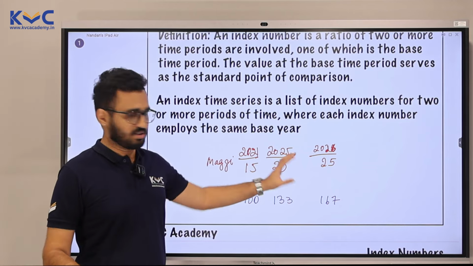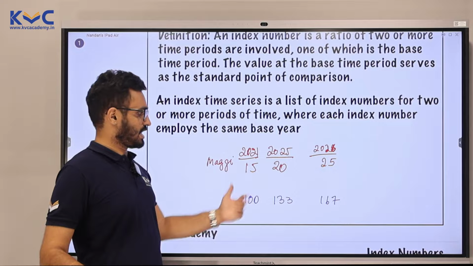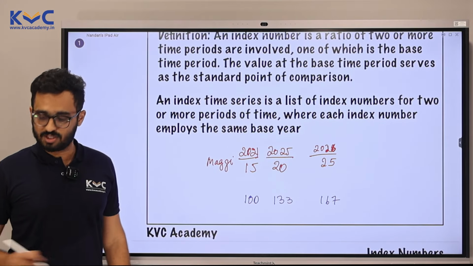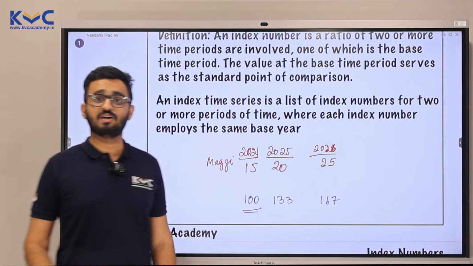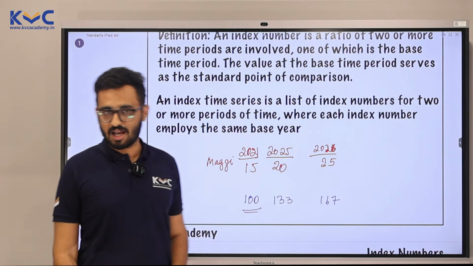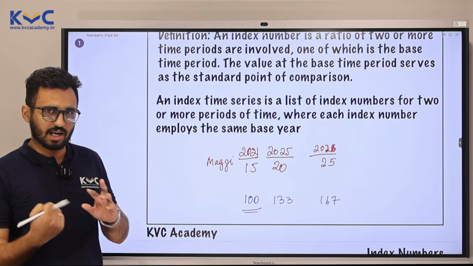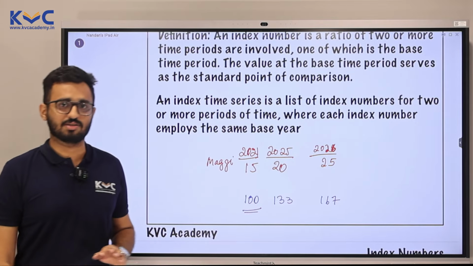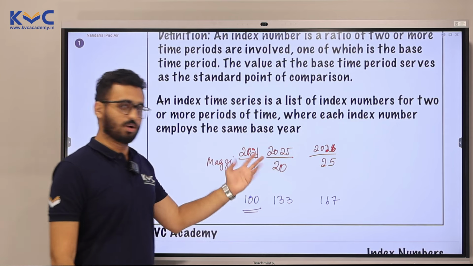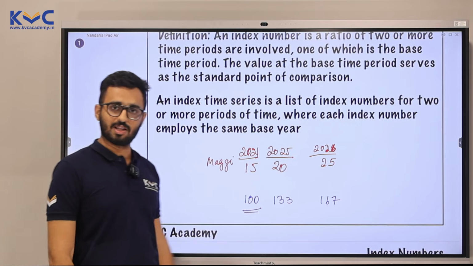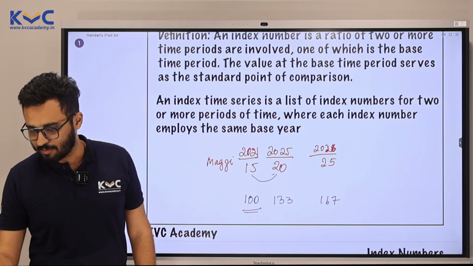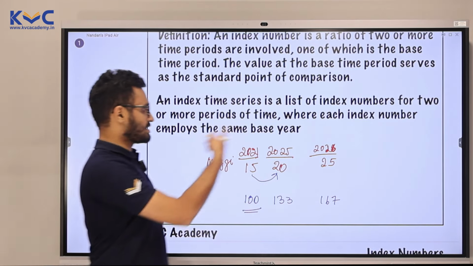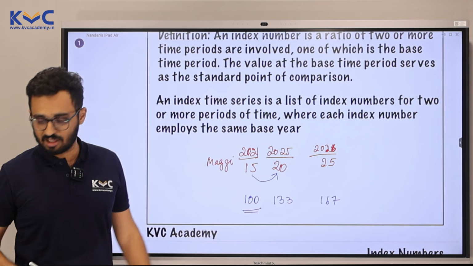Instead of this 15, 20, 25, I am saying 15 and treating it as 100. This is what we call the base period, and the base period index number we always start from 100. Are you understanding? So I am slowly taking you into the concepts. So the base period, whatever values we have, we'll always call them 100, and compared to the base period, I am asking you what was the increase in 2025, so 133.